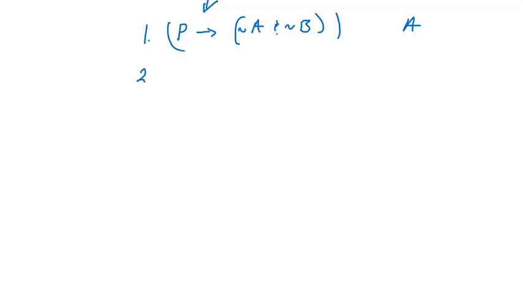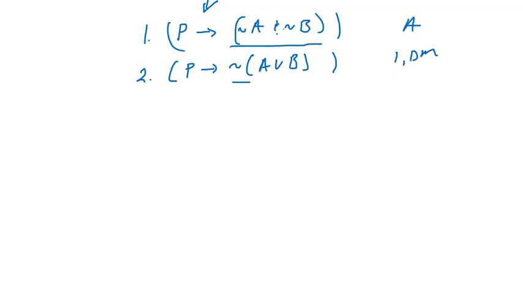So if we wanted to, for some reason, we could write, if P, then it's not the case that A or B by 1 and De Morgan's, right? Because this formula here is equivalent to this formula here. So that really speeds up proofs, and it's very important to understand this is something you can do with equivalences. It is not something you can do with plain old derived rules or underived rules.